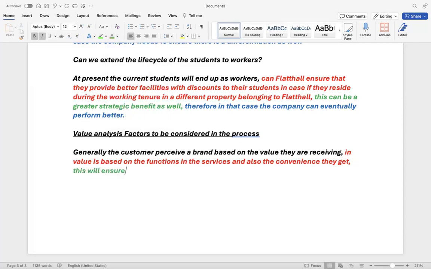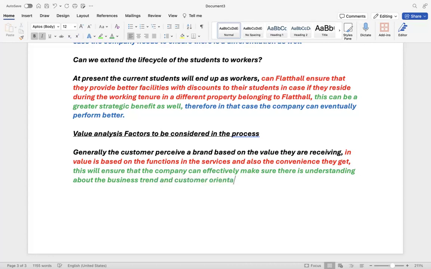This will ensure that the company can effectively make sure there is an understanding about the business trend and customer orientation. Now, students, I am going to continue this.